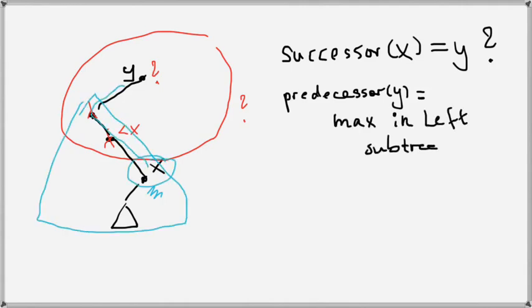Here we have that subtree, we go as far right as possible and we hit x. So x is the predecessor of y, which is equivalent to saying that y is the successor of x.